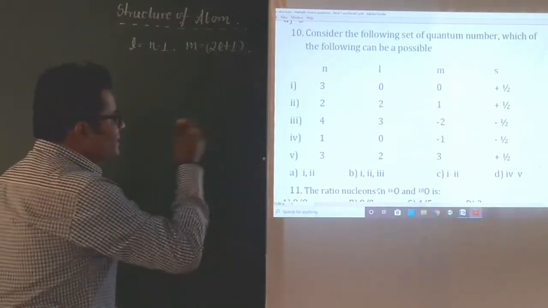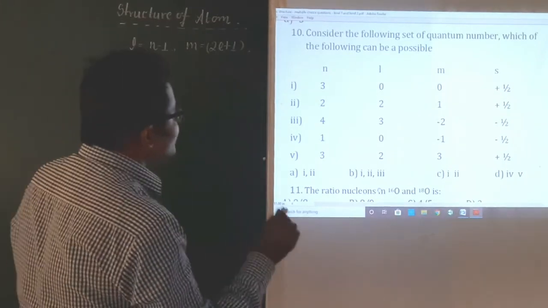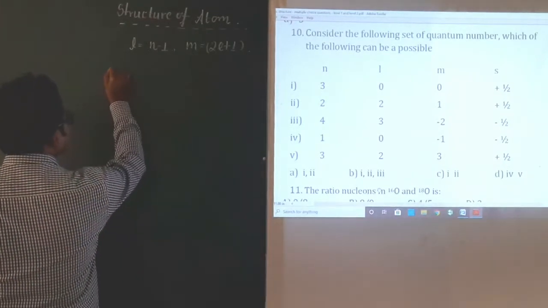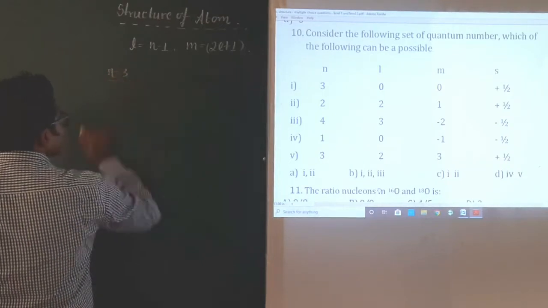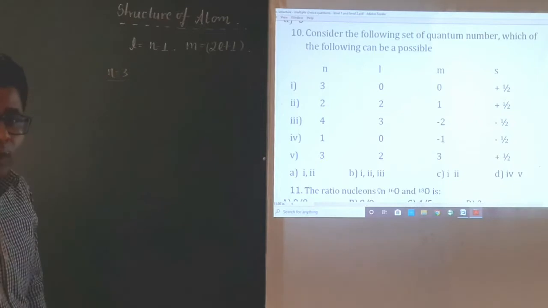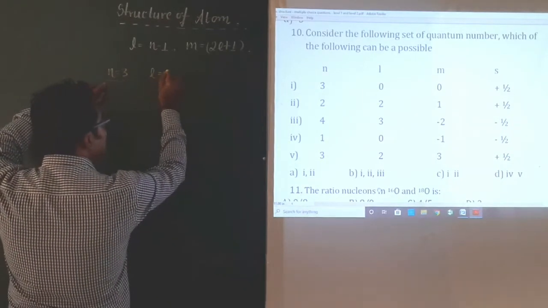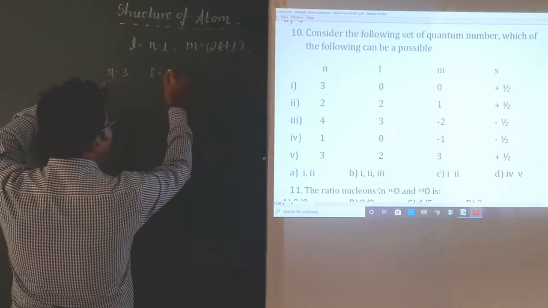So, first one, let's observe the first scenario perfectly. n is equal to 3, fine. l is equal to 0. Now, l is equal to 0, that means it is one of the allowed values. That means l can go up to 3 minus 1, that is 2.